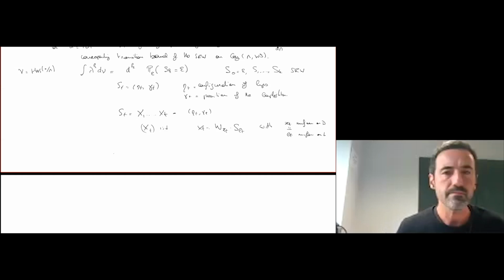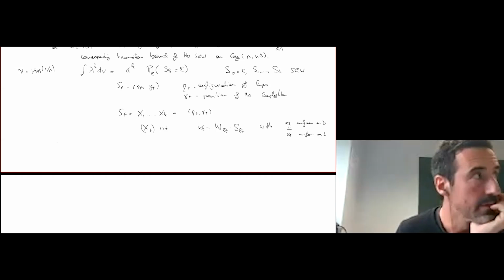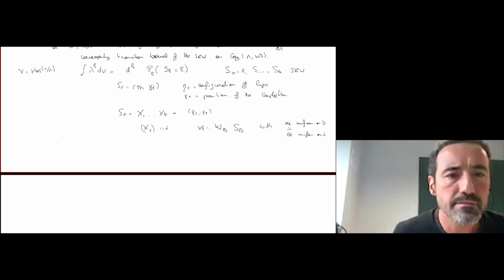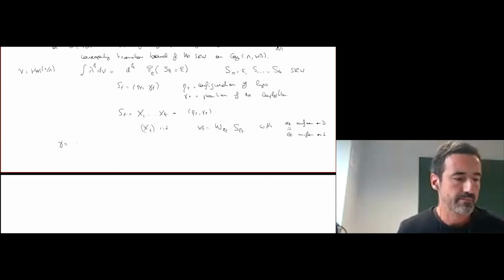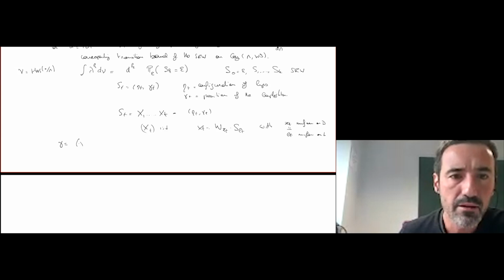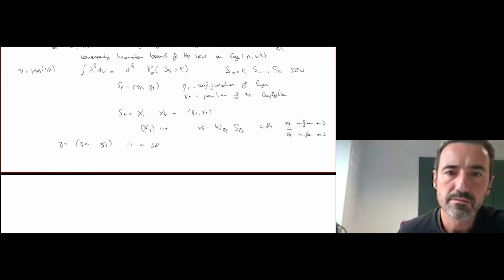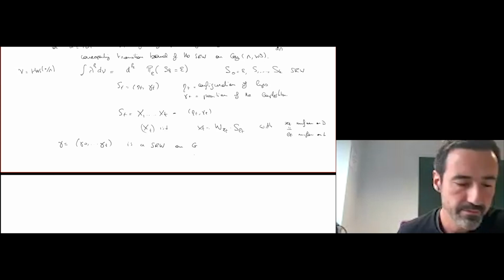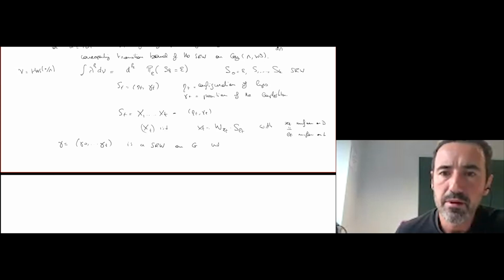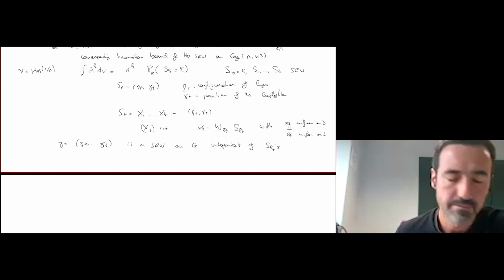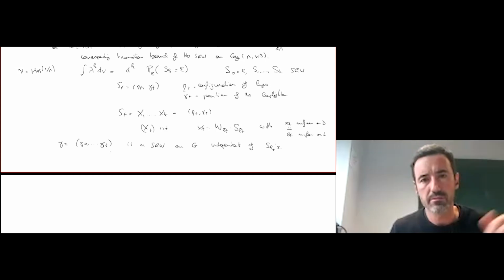If I look at the trajectory just of the position of the lamplighter, gamma is a simple random walk on my base graph G, and it is independent of the lamps' states.